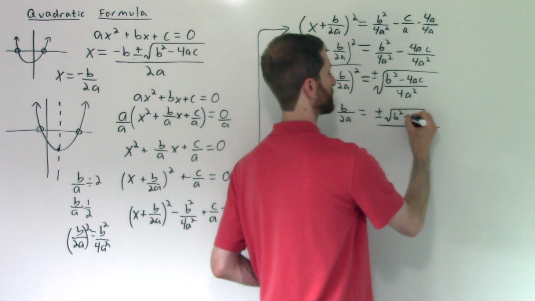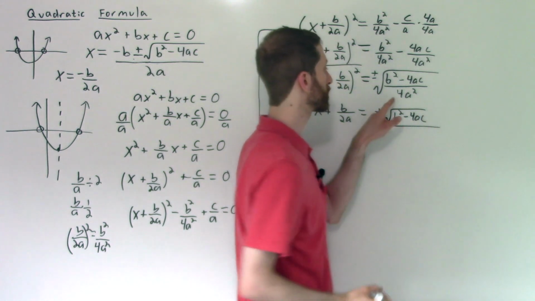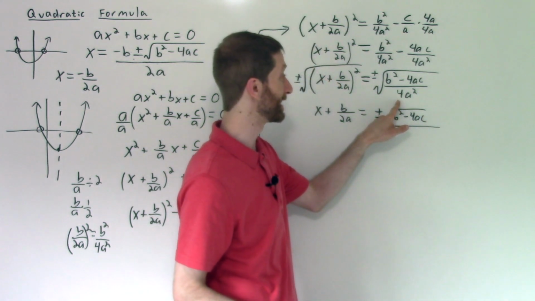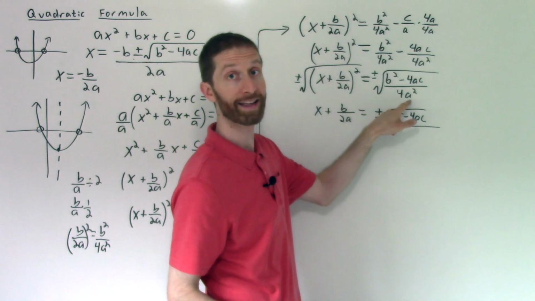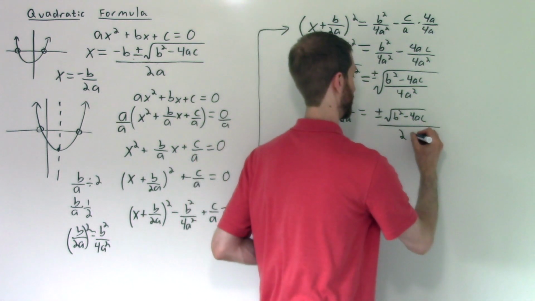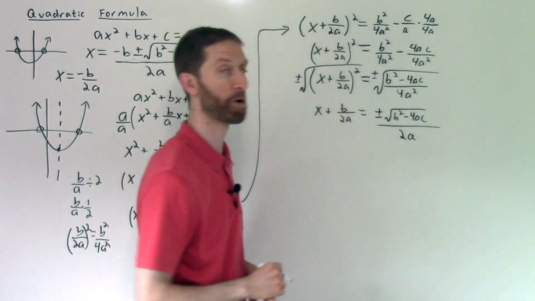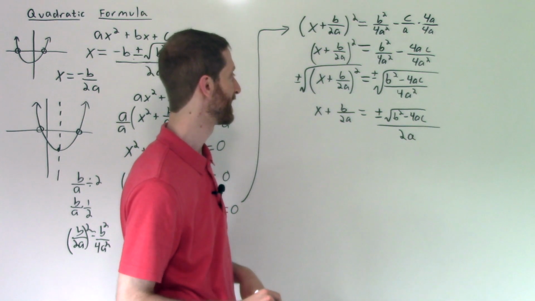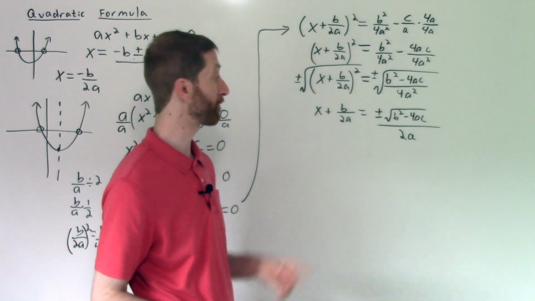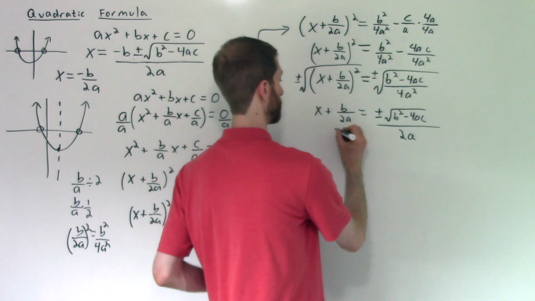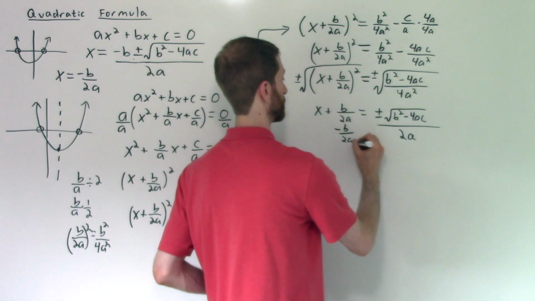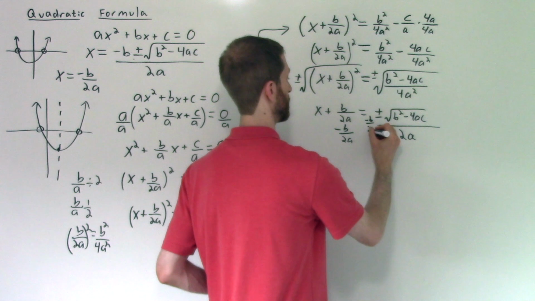The top part does not simplify, but the square root of 4a squared is 2a. Oh, nice. And now the only thing we have to do to solve for x is subtract b over 2a. I'll jam that in there.